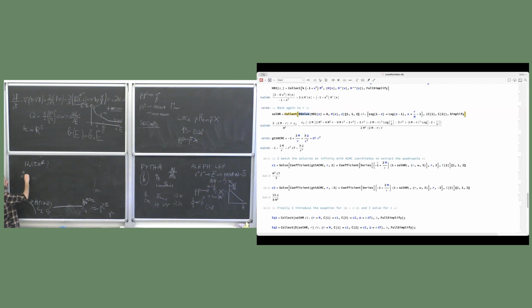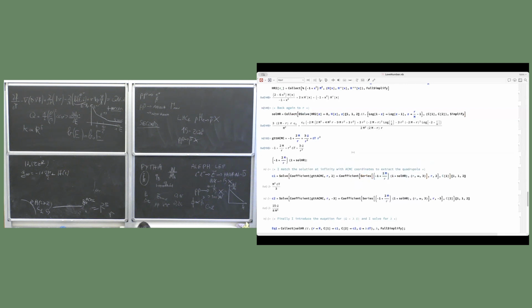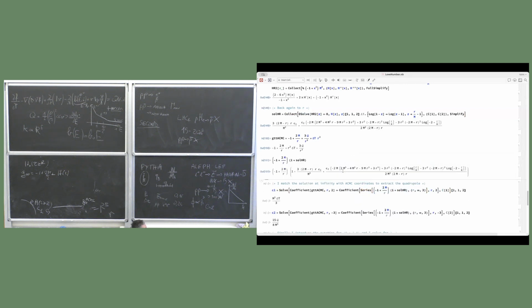I compute my G00, which is minus 1 plus 2m over r, plus h of r, which is this. Okay? Then I expand this thing for large values of r. So this would be my GTT.